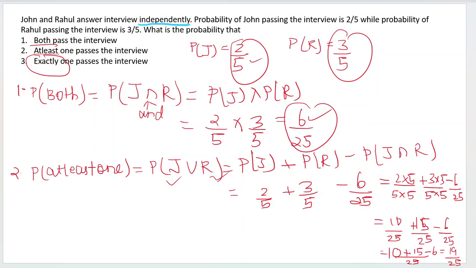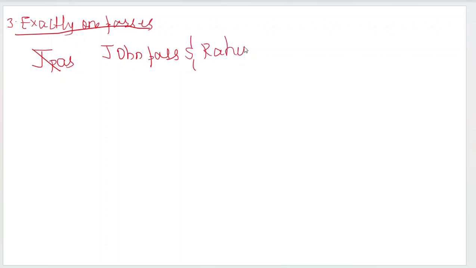Now we come back to solving the problem. We are told to find the probability that exactly one passes the interview. Exactly one passes. So in this case, if John passes, then Rahul must definitely fail.